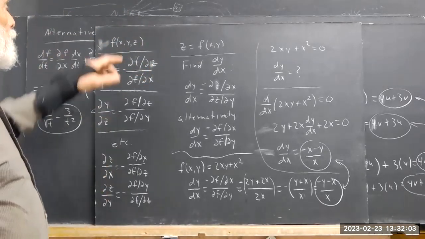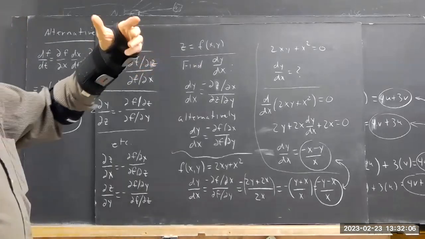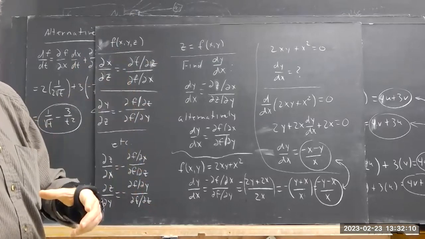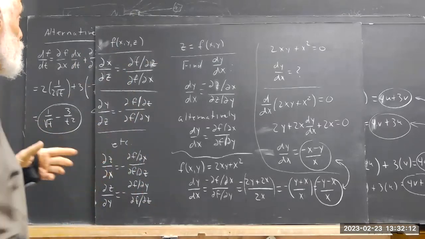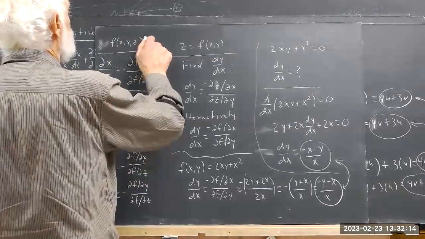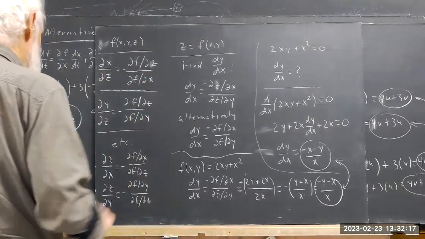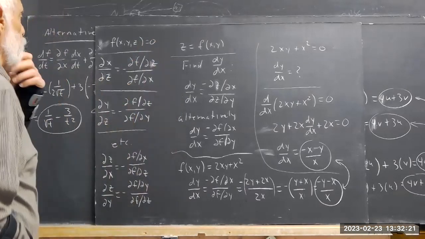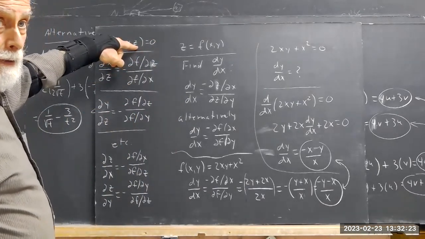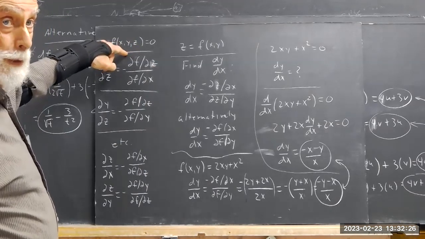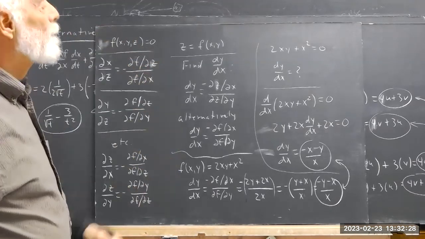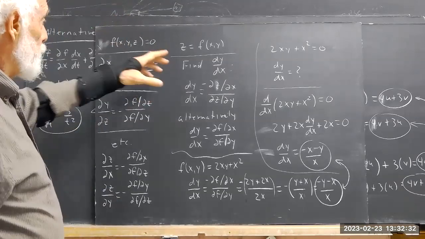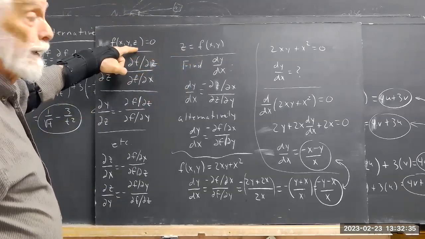But if you're thinking of f of x, y, z equals constant, defining a function of z, okay, so this defines z implicitly as a function of x and y. You've got some equation in x, y, and z, and maybe you can't solve that equation for z.